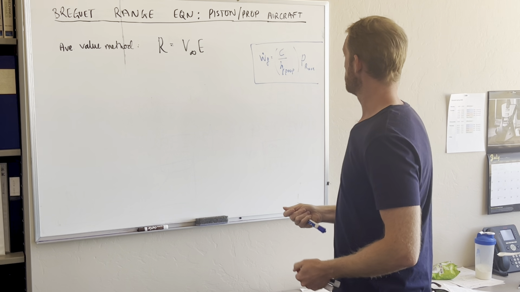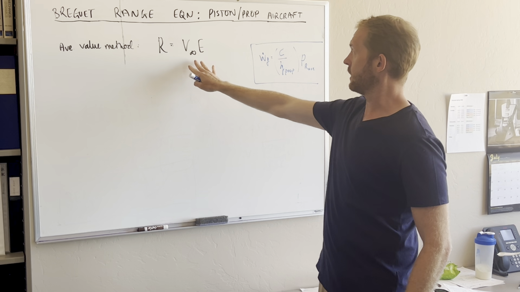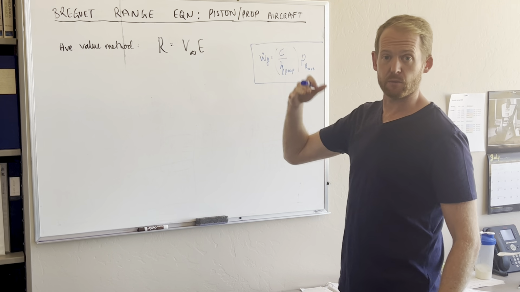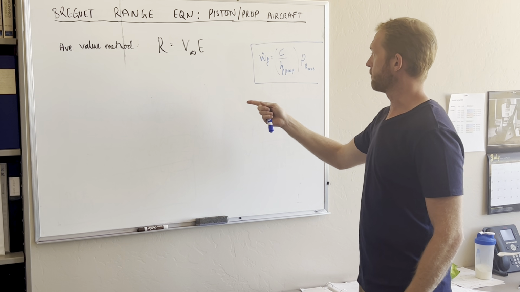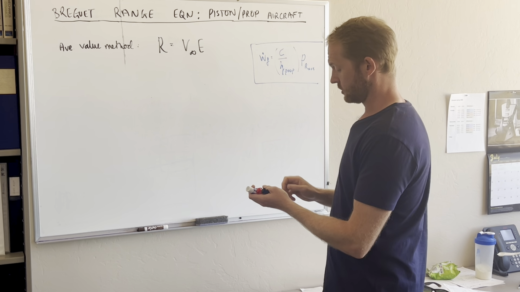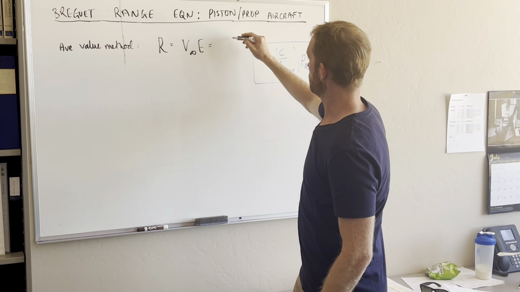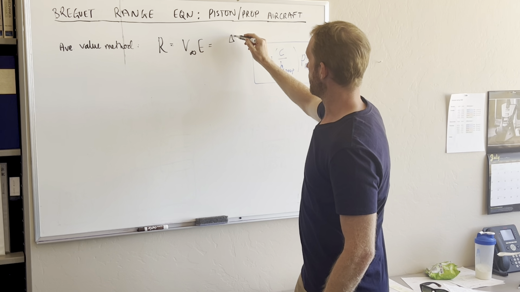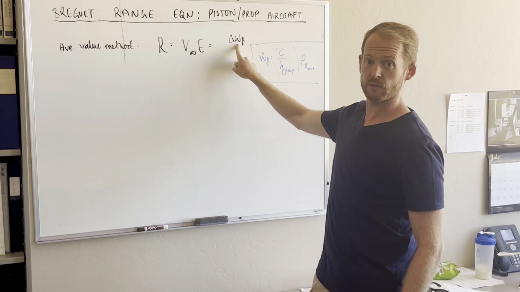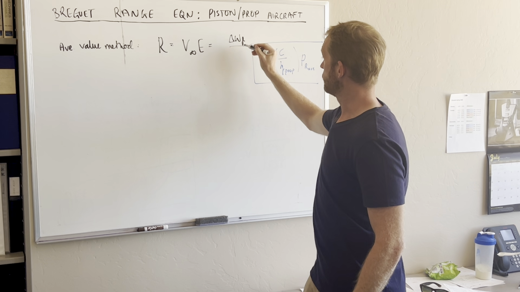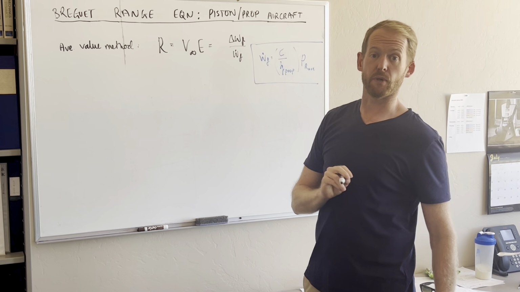So that makes sense. This is the average value method equation, and in the previous video we did a little bit of work on our endurance equation. We said that endurance was equal to the amount of fuel that we have to burn, this is our fuel load, delta WF, divided by the rate at which we're burning it.